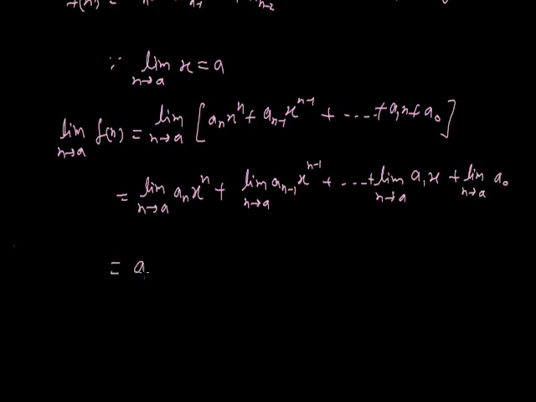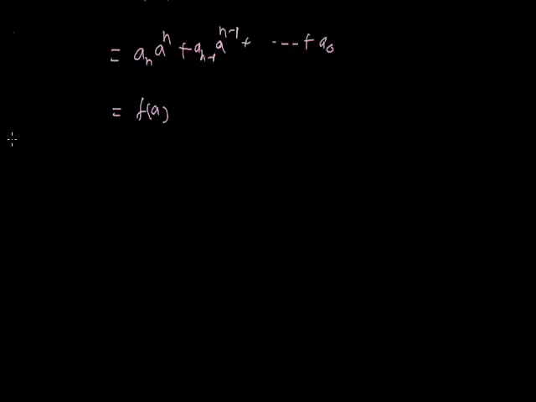From here we can take a_n as common, so we can write a_n a to the power n plus a_(n-1) a to the power n minus 1 plus up to a_0. So we can write it as f(a), because we are putting a in place of x.